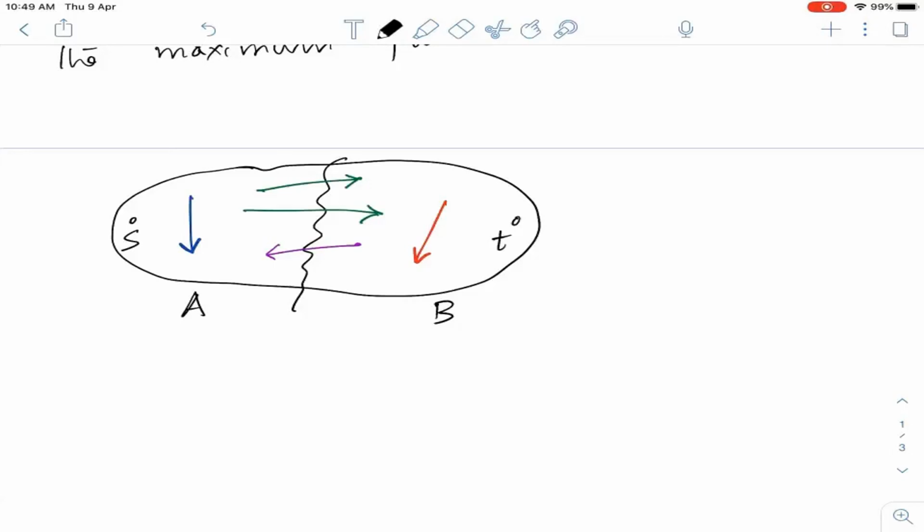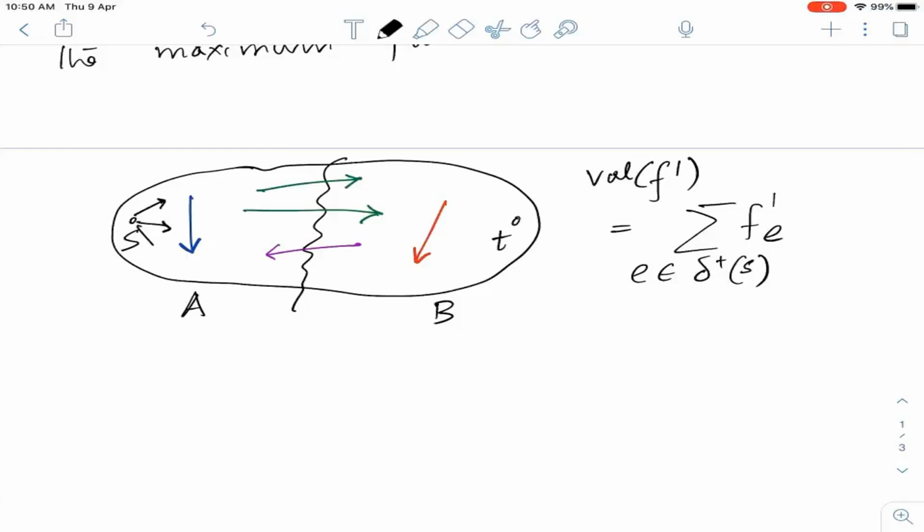Now let's say we are given some flow. What is the value of the flow? Well, the value of some flow f prime, by definition, is equal to the summation of f prime of E, where E belongs to delta plus of S. If you really want to see a picture, this is delta plus of S, all the edges that are going out of S. And I have assumed that there are no incoming edges to S. Remember, this is an assumption that I had made in the first lecture on flow.